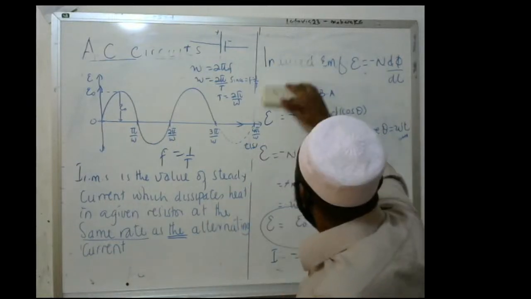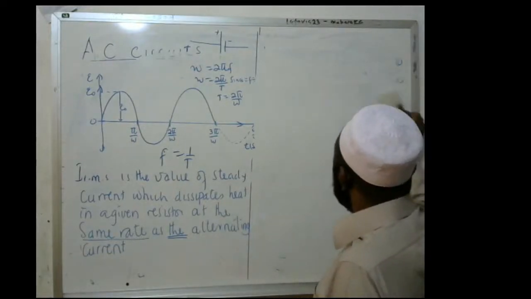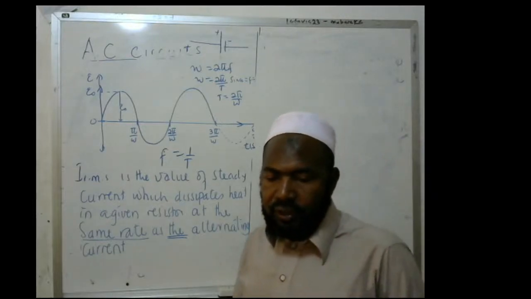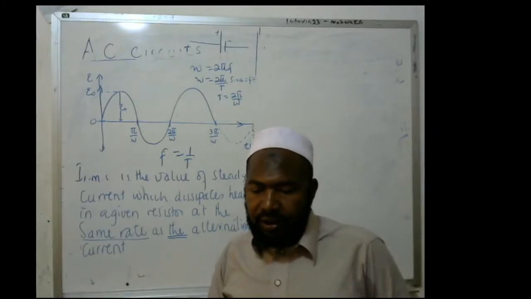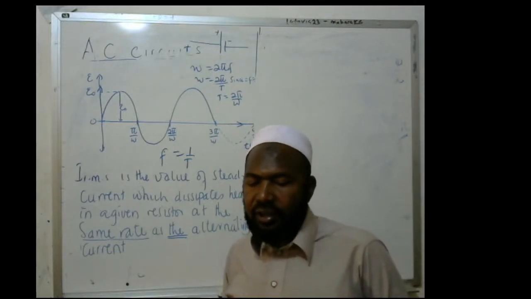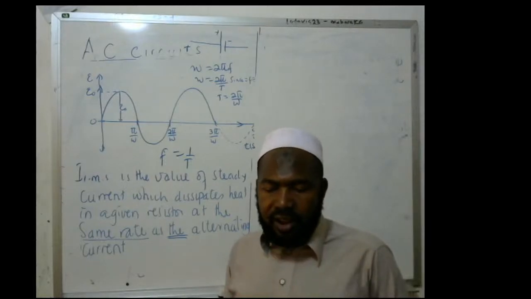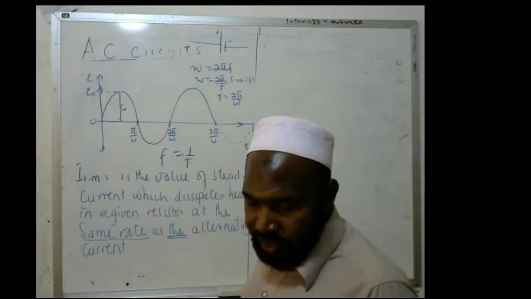We are saying that, suppose two resistors of the same resistance, one is carrying an alternating current, and the other is carrying a direct current, as shown below. You look at the diagram.